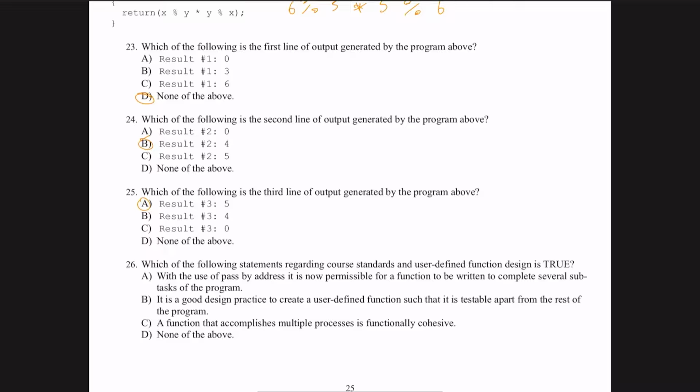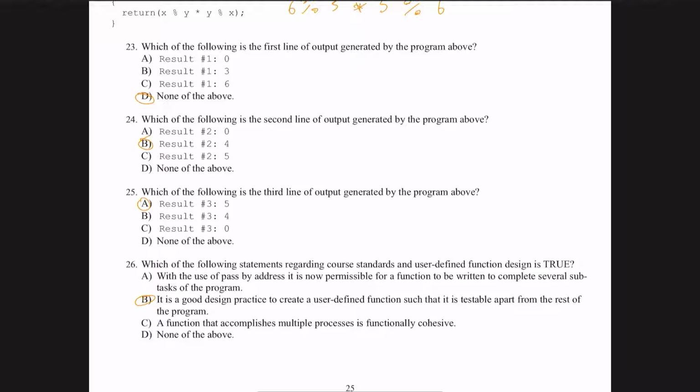So A is false. B, it is good design practice to create a user-defined function that is testable apart from the rest of the program. This one is true. So if your user-defined function, given some inputs, is going to calculate the area of some shape, right?